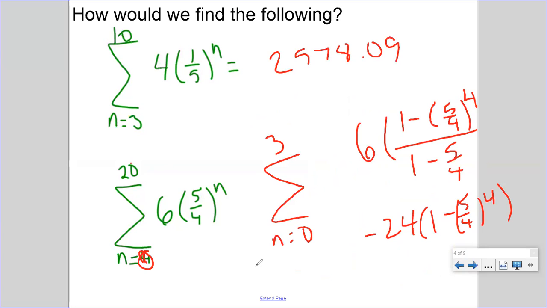So negative 24 times 1 minus 5/4 to the 4th is minus 34.59. And that gives us 2543.5.